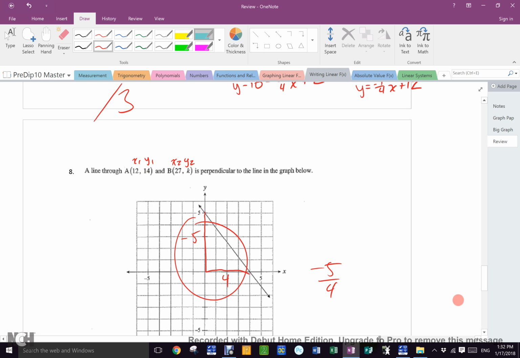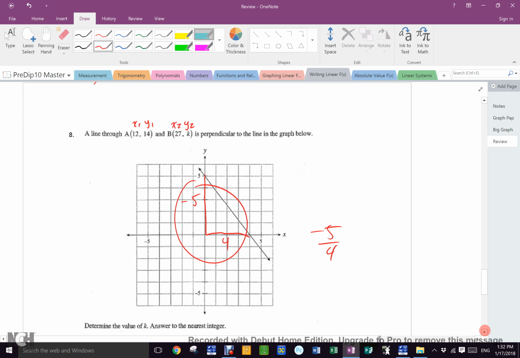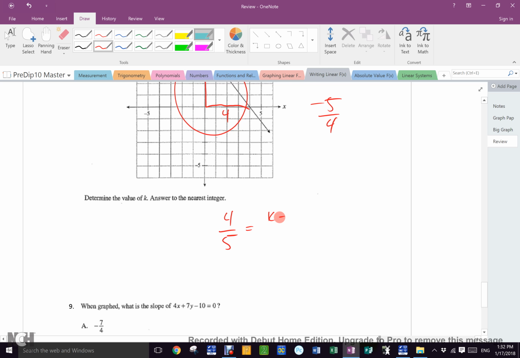K minus 14 over 27 minus 12. Which is 5K minus 80, 70, Mr. Myers. 5K minus 70 equals 60. 5K equals 130.